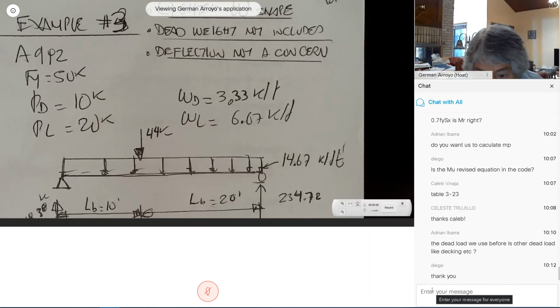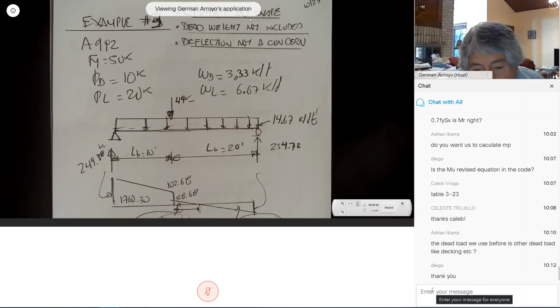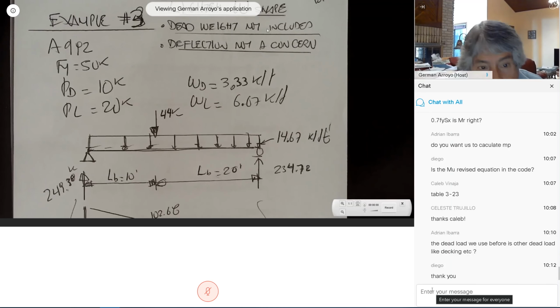In a course like this, we always want to get the lightest section just to get the same answer. But in the real world, the other decision, sometimes we use the most common that is not the lightest, or the one that we need to make the connection. So as a student, the only factor that we look at is the lightest section. And that means the weight of the beam is not included. Deflection is not a problem.